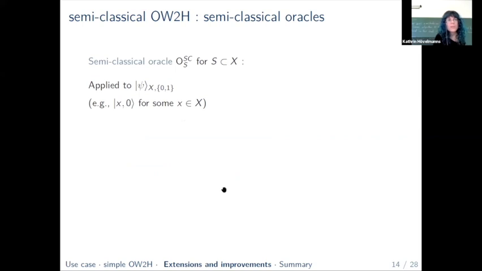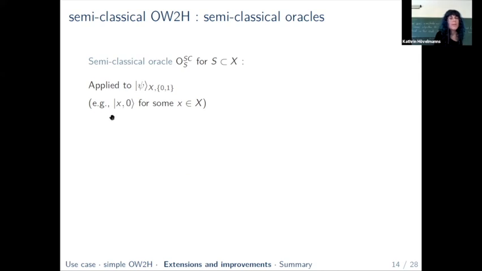Okay, so to introduce some notation before giving the theorem, I will first explain what a semi-classical oracle is for a subset S. So this oracle is applied to a state that's held in an X register, meaning it corresponds to the input register of an oracle and an additional bit register.